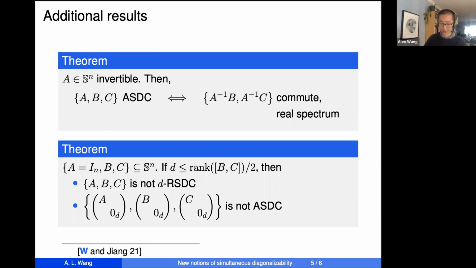If you apply the construction guaranteed by the d-RSDC property, it might lead to many additional dimensions. The thing to compare here is that if you apply the spectral theorem naively, you might expect 3n, and this says you can potentially rule out anything smaller than 1.5n.